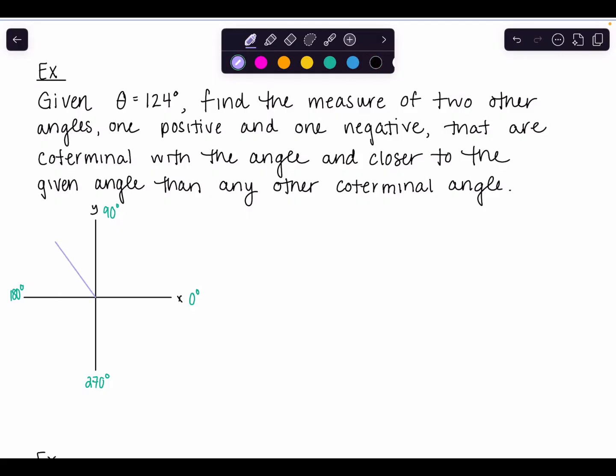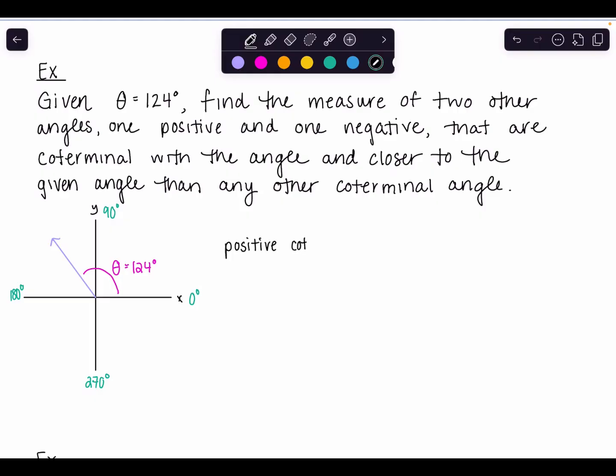I don't have an exact angle, but it's something like this, okay? So our angle theta would be 124 degrees. So I'm just going to go one revolution in each way to find a positive coterminal angle and then to find a negative coterminal angle.